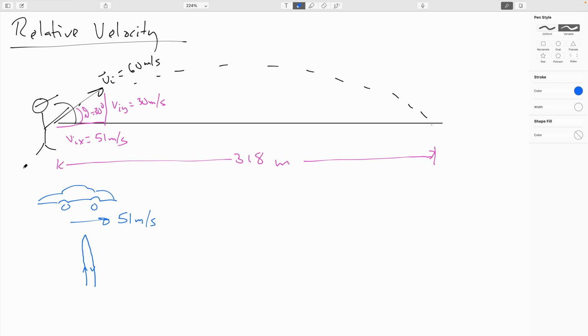So the person in the car is absolutely entitled to say that they are stationary and that the archer is moving to the left at 51 meters per second.